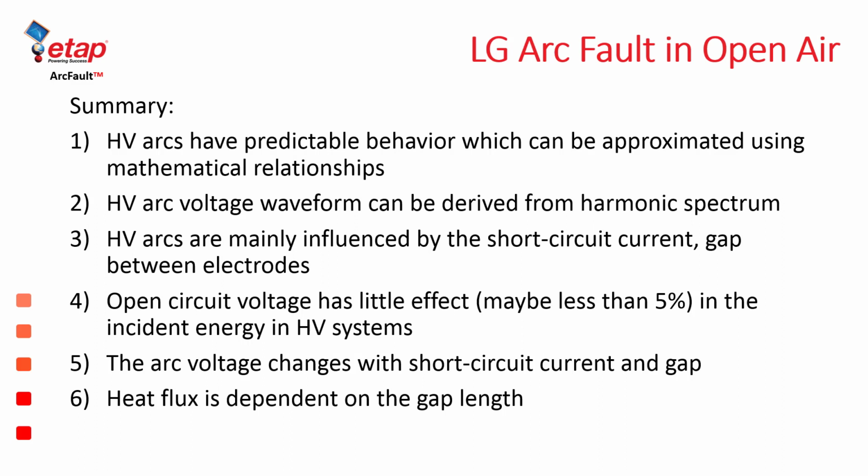This is a very important item to remember, because the arc fault models fundamentally allow us to simulate how the arc voltage changes as a function of gap and current for different conditions. The heat flux, of course, depends on the gap length, as I showed in previous slides.